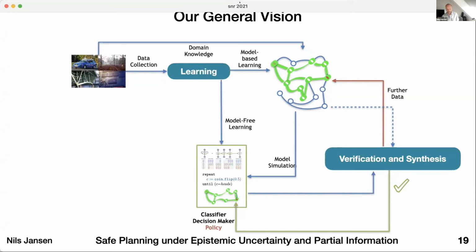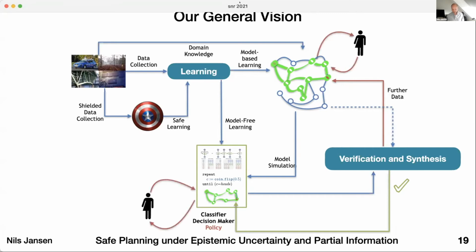This is an example. As I said before, we're also sometimes interested in safe learning. So while we collect this data, we should be aware that the environment cannot just be probed arbitrarily, but we need to be careful with what we do here. And we also have some approaches where we put humans in the loop of some synthesis processes. So we take advantage of, for instance, humans' power of perception to solve some complicated problems, but again, within a verification loop.